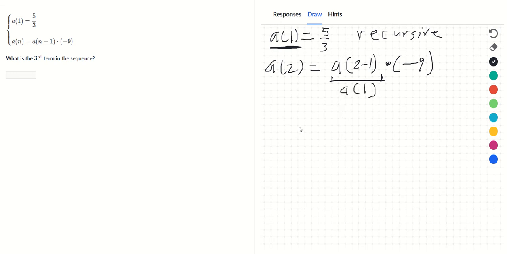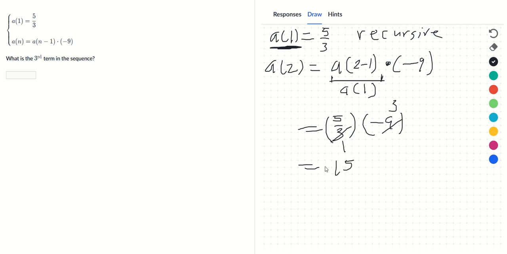And so for the next one, we're going to plug in A of 1. So here we plug in 5 over 3, because we know that A of 1 is 5 over 3. And then we multiply it by negative 9. You know that the answer is, this is 1, this is 3, and negative 3, 5 times 3 is 15.